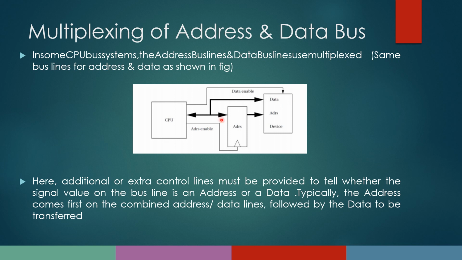But whatever it is, we will have a single bus line for both the address as well as the data. Typically the address has to come first on the combined address data line, followed by the data which is to be transferred. So with the help of this multiplexer circuit, we can have a single bus line for both the address as well as the data.